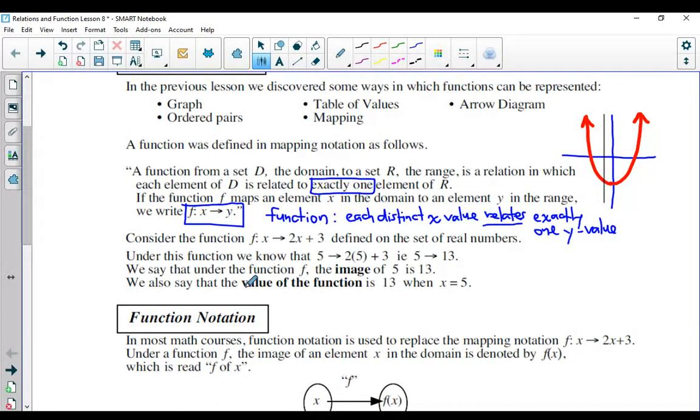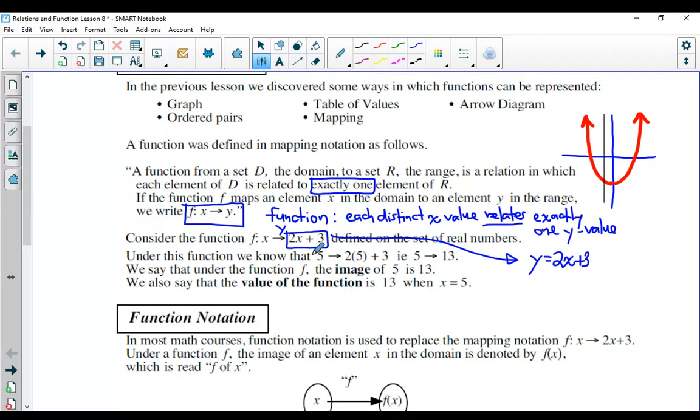Now let's go through some definitions. It says consider the function f, the function x, which maps to 2x plus 3. What that means is that this 2x plus 3 would be what y is. So if you want to write an equation for the relation, the equation would be y is equal to 2x plus 3.